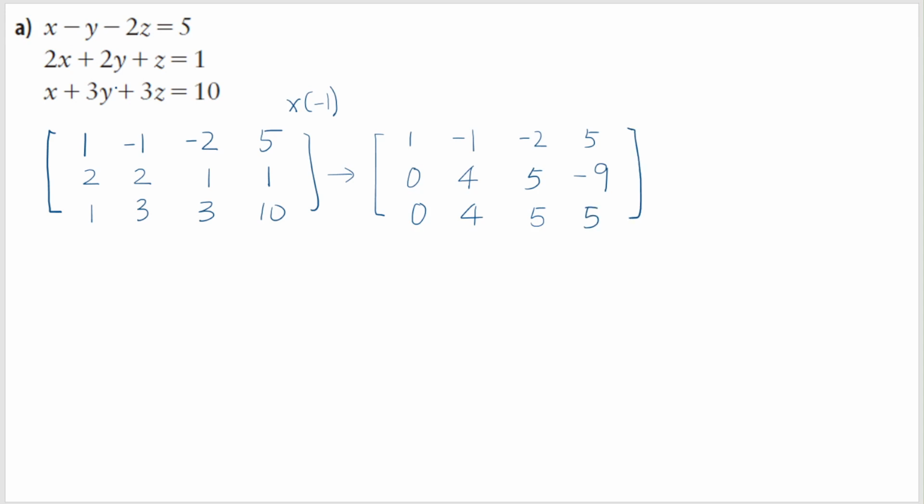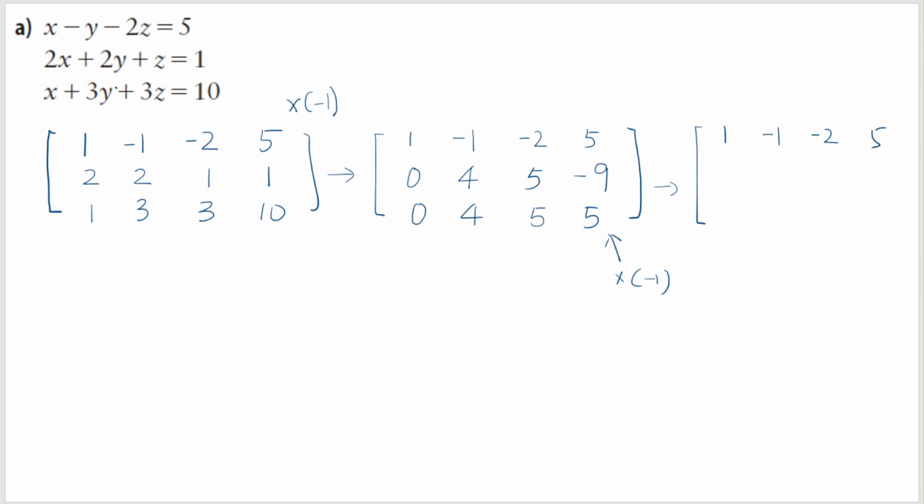Then remember, we also want this number to be 1 and cancel this number here, right? So we could use the third row times a -1 added to the second row, right? So the first row does not change.